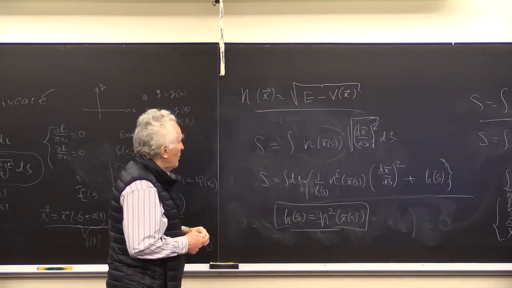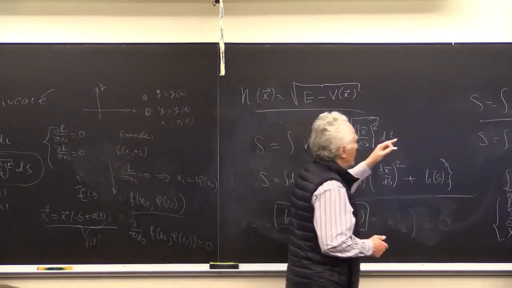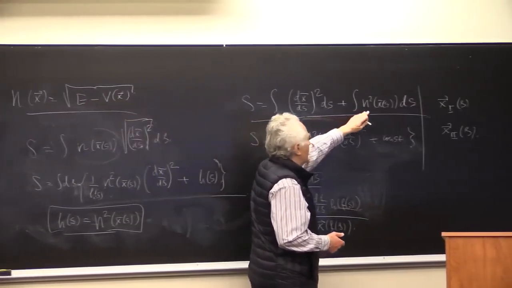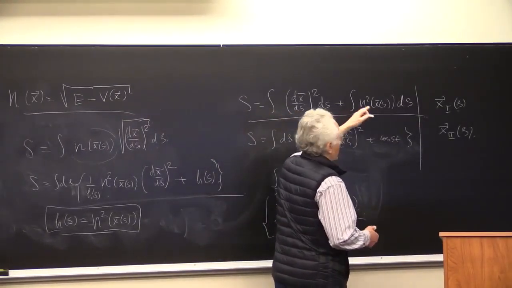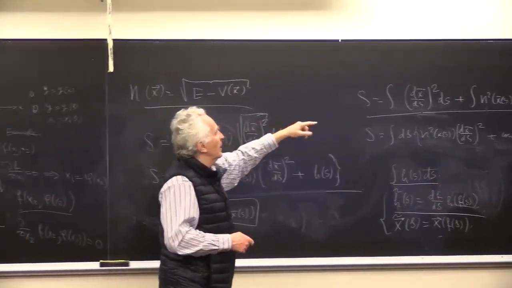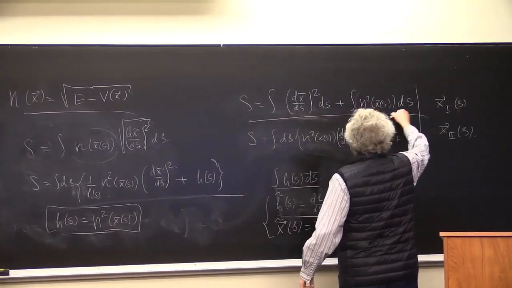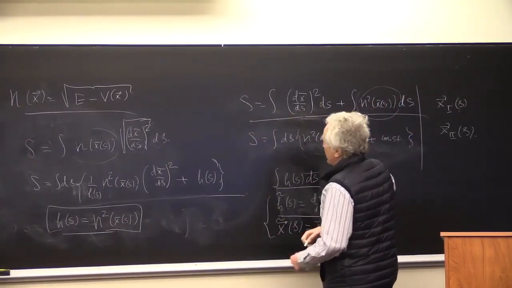So you have this expression. In this case, n squared, with E, does not change the equation of motion. All actions are defined up to a constant. So you see, n squared is basically minus potential energy plus something.